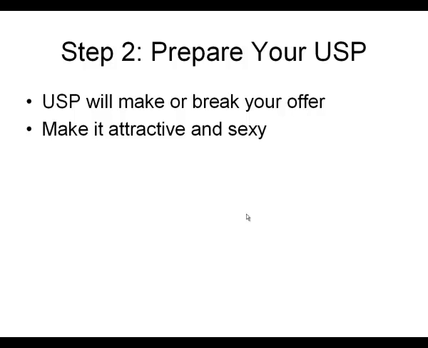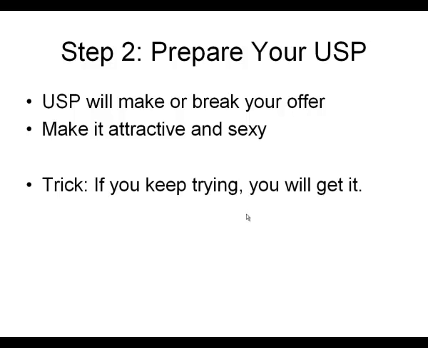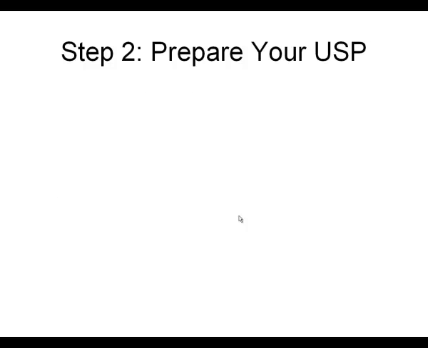You have to have something that's going to be interesting to them. Here's a little trick. If you keep on trying, you're eventually going to hit something that works. Even if your first one doesn't work, it doesn't matter. Try it again, rephrase it. Eventually you'll get the idea and you're going to find something that produces results.